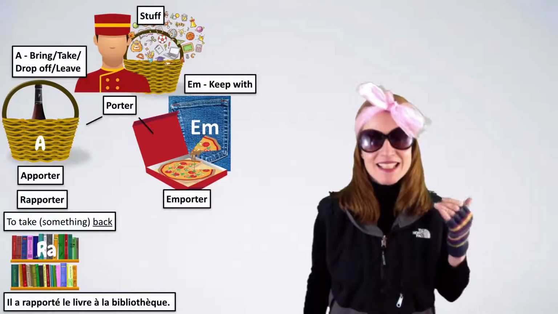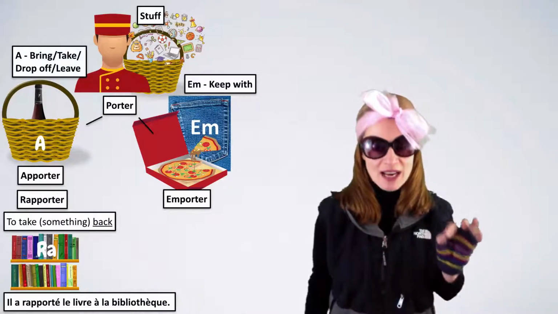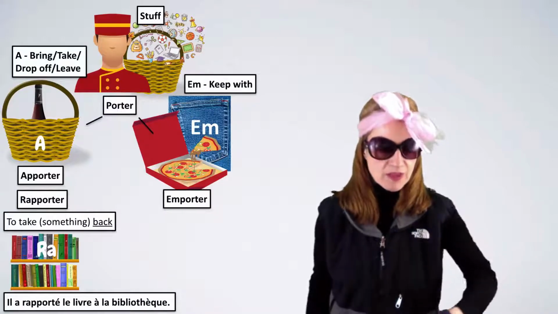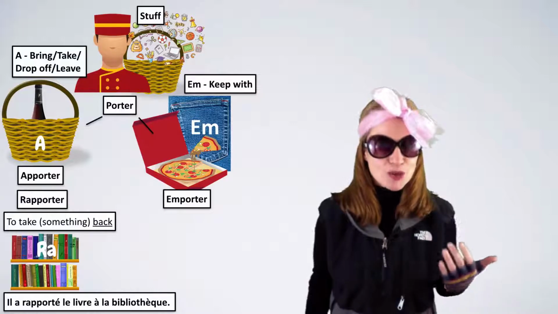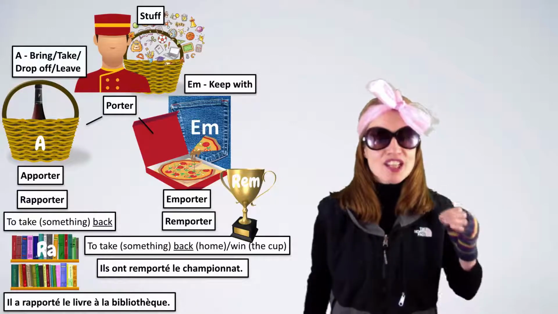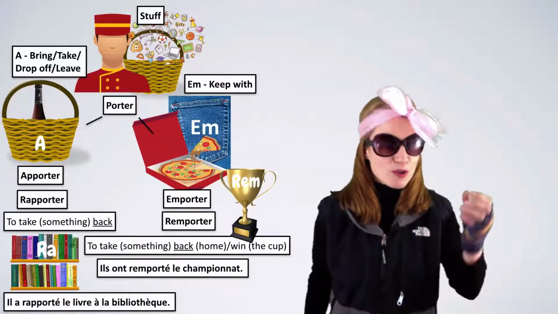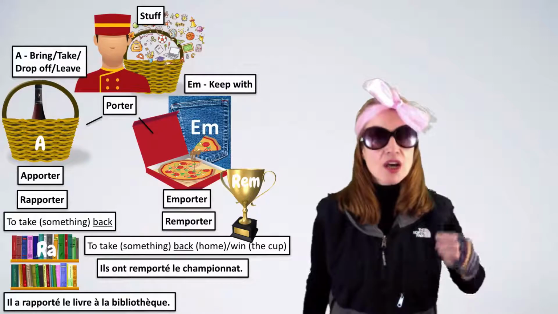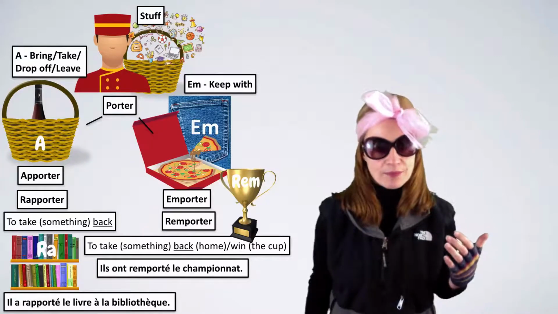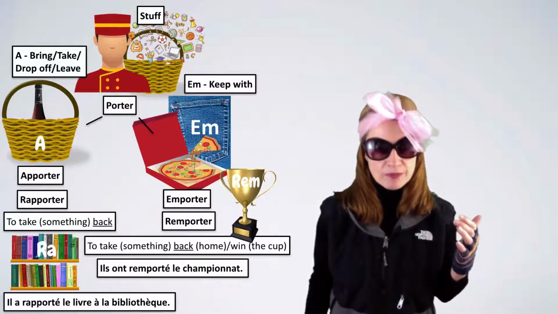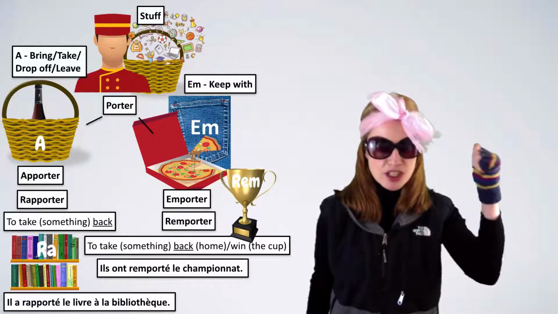Okay, Il a rapporté le livre à la bibliothèque. He took it back to where it belonged, where it should be. He took the book back to the library. Back. Ra. To take something back home. Also to win. When you bring back the cup, bring back a victory. Remporter. Ils ont remporté le championnat. Okay, they brought home the championship.